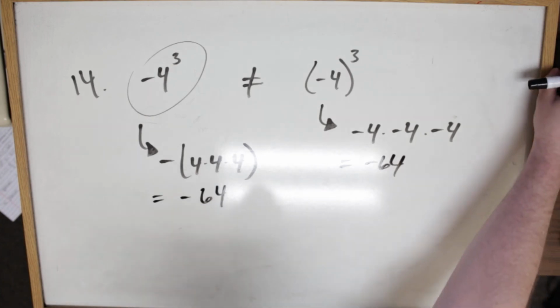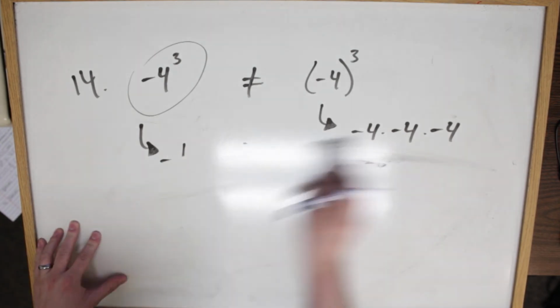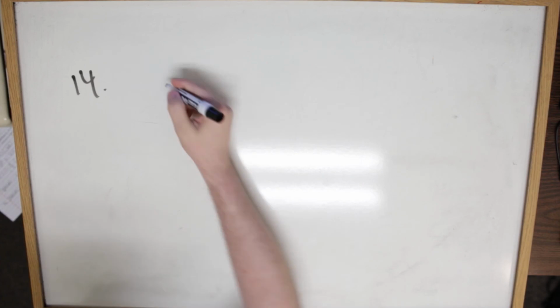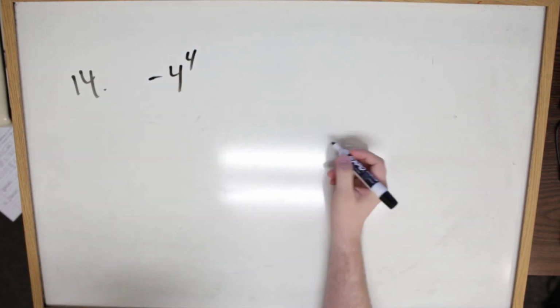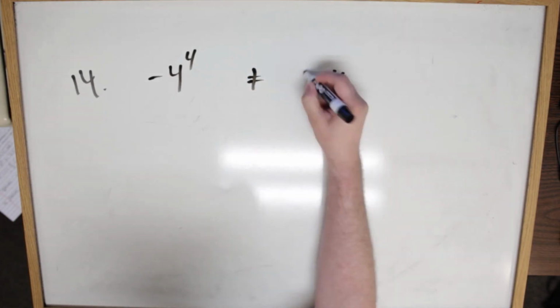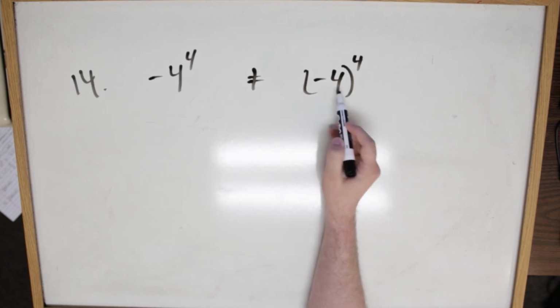It works out in this case where it actually is the same thing, but if I were to change it to say something like this, so I'm going to go ahead and change it real quick. If I changed it to negative 4 to the fourth power, this would not be the same as negative 4 to the fourth power. Okay? Again, the parentheses make a huge difference.